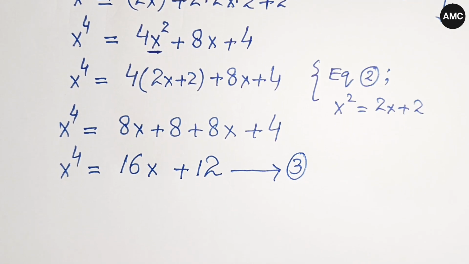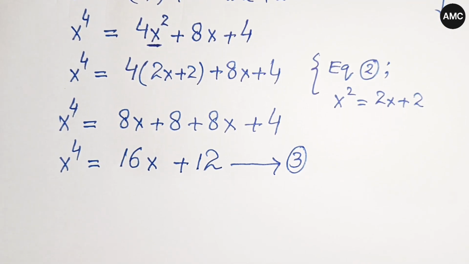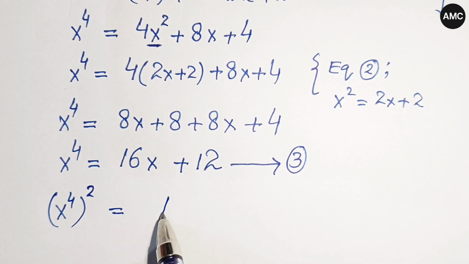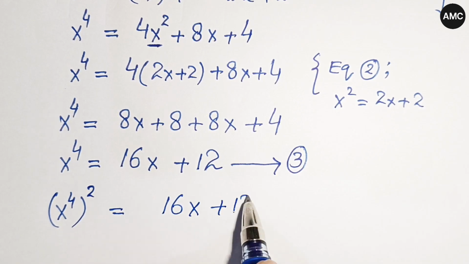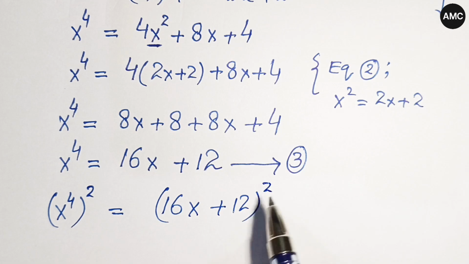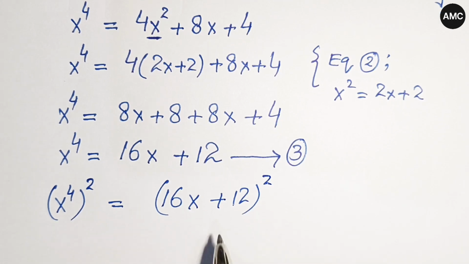Now taking square again, because we have to find the value of x to the power 10. So here taking square, (x to the power 4) whole squared is equal to (16x plus 12) whole squared, using again the same identity on our right hand side.